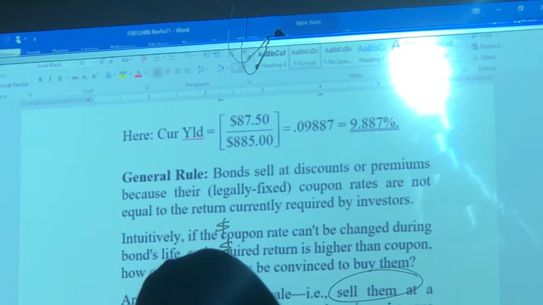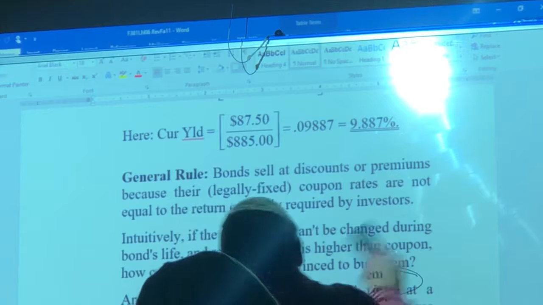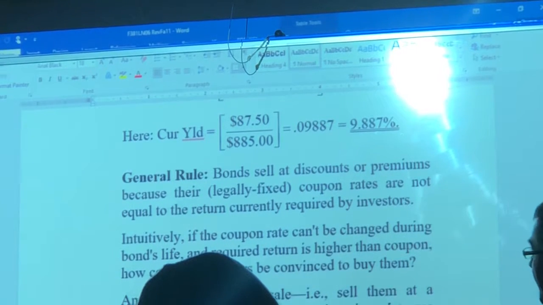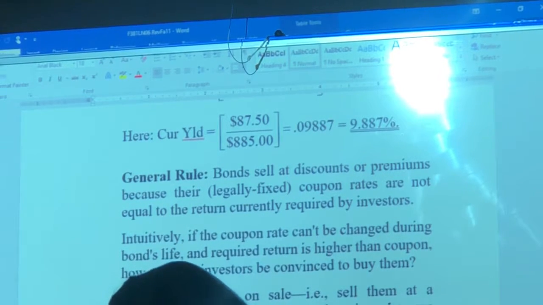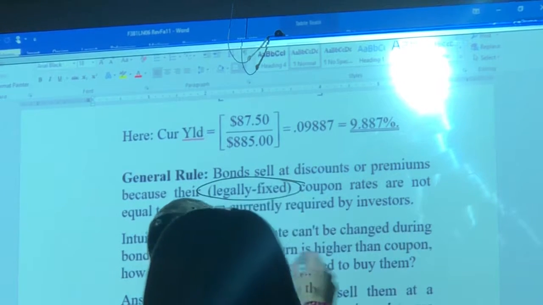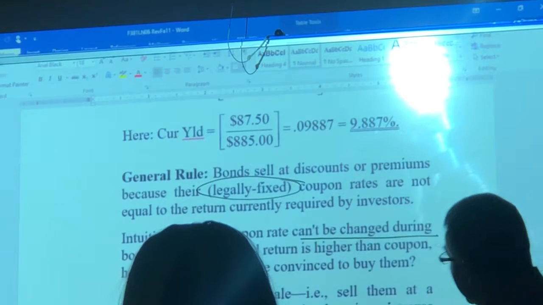Now, bonds sell at discounts or premiums because they're legally fixed. Coupon rates are not equal to the return currently required by investors. So when I say legally fixed, that means it can't be changed during the bond's life.